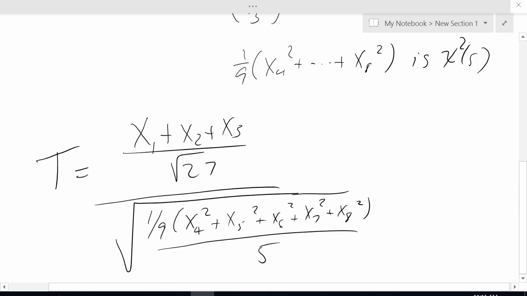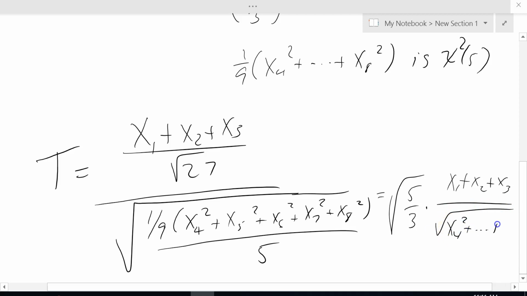And then divide it by its number of degrees of freedom. Now, if you simplify that, you will get square root of 5/3 times what the original t was: x1 plus x2 plus x3 over square root of the sum of the squares.